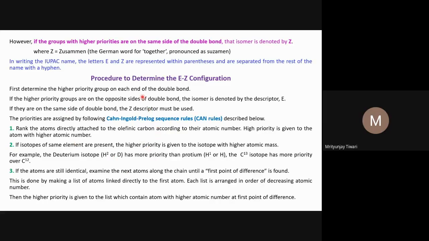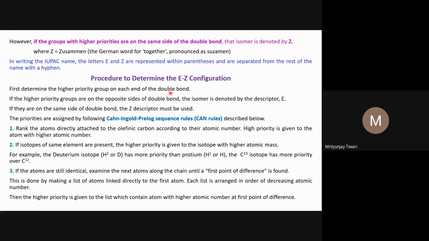So the procedure to determine the EZ configuration: first, determine the higher priority group on each end of the double bond. There are two ends of the double bond, and at each end you have to find out which group has higher priority. Once you determine the groups with higher priority, it becomes easier to write E and Z notations.